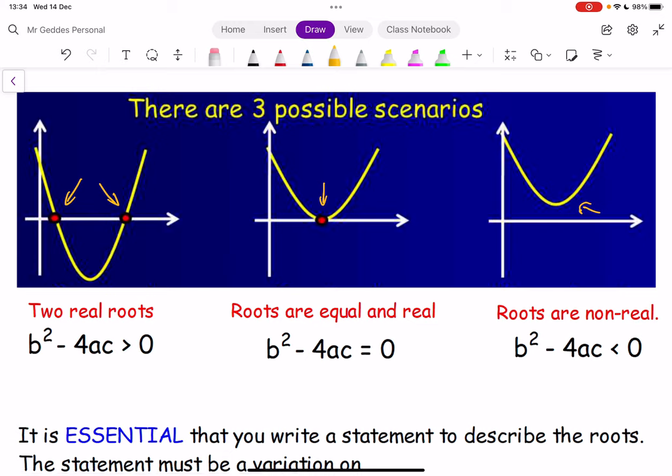So you can see on the first one, there's two roots. It goes through the x-axis in two different places. In the second one, it turns on the x-axis, it touches only at one point. And then the last one, it's flying high in the sky, or it'll be way underneath. No roots.